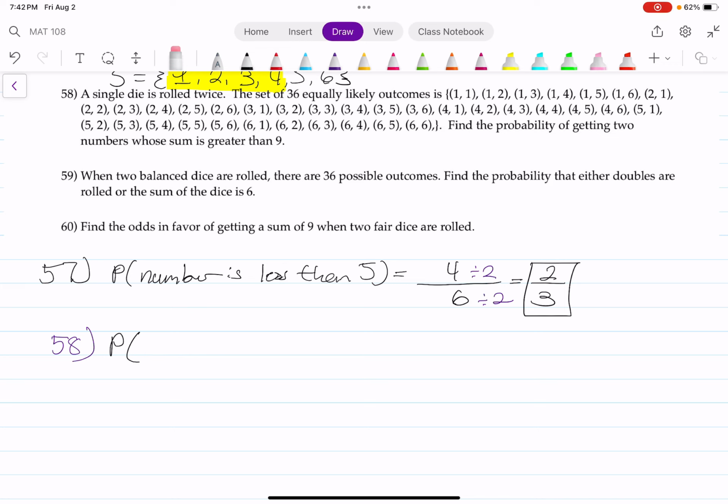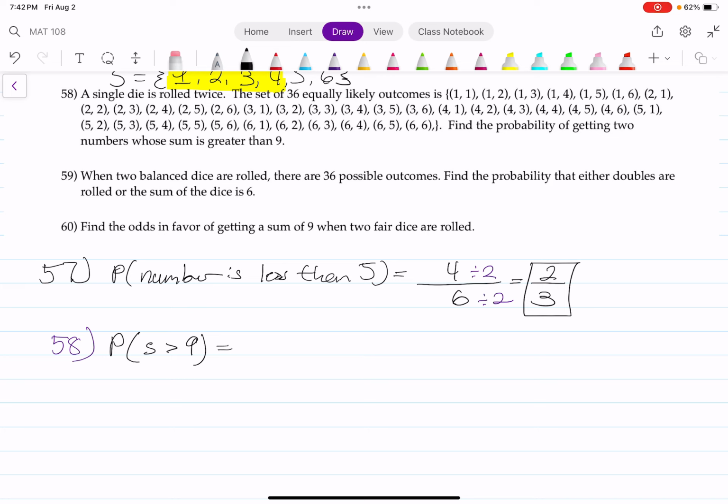The sum is greater than 9, excuse me. Now, the highest sum you can have when you roll a single die twice, or 2 dice rather, if you want to look at it like that, is 12, which is 6 plus 6.